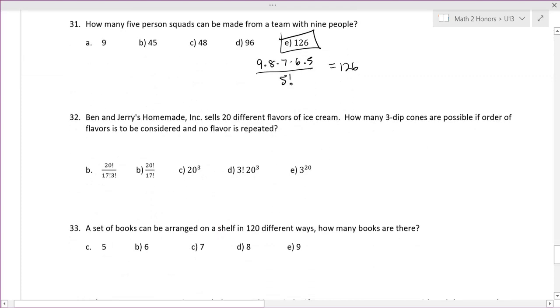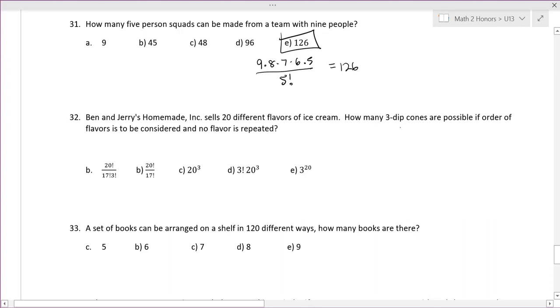Ben & Jerry's Homemade and Company sells 20 different flavors of ice cream. How many 3-dip cones are possible if order of flavors is to be considered and no flavor is repeated? So you've got 20 different flavors of ice cream.